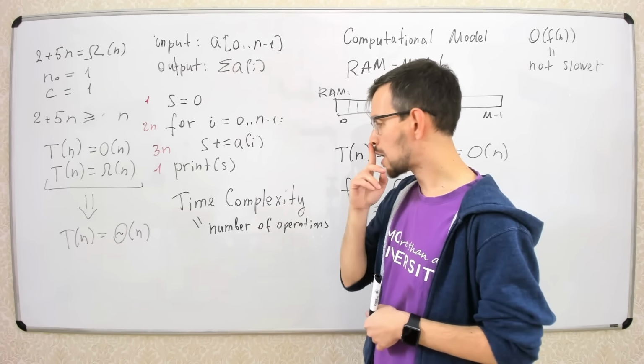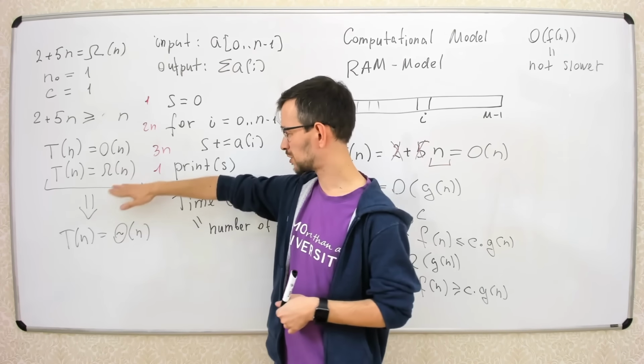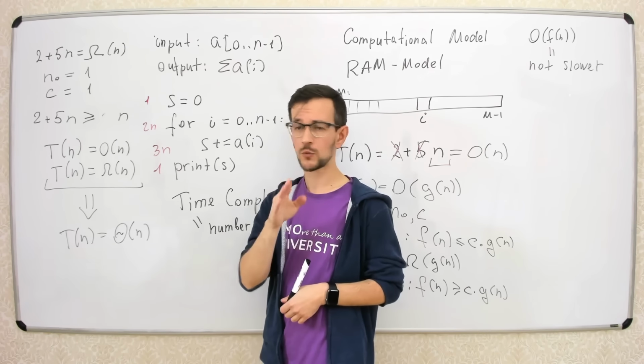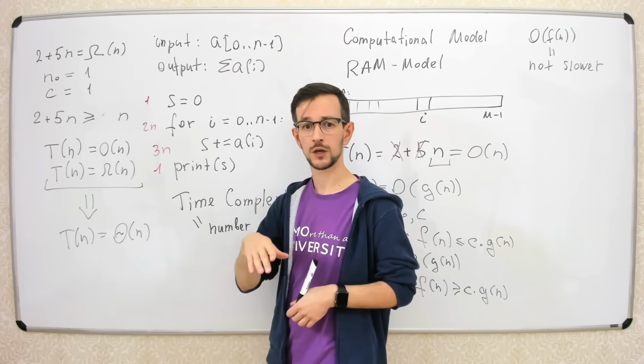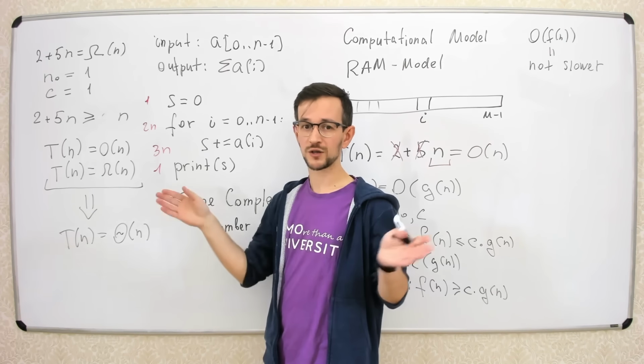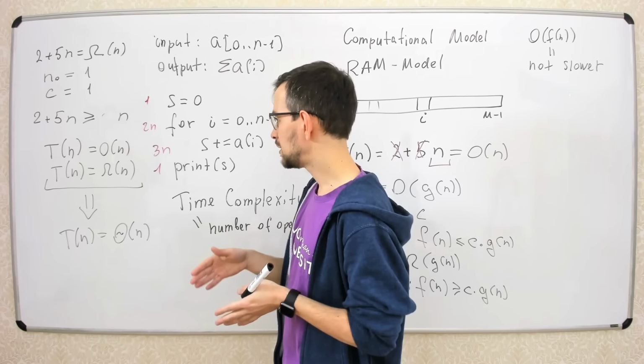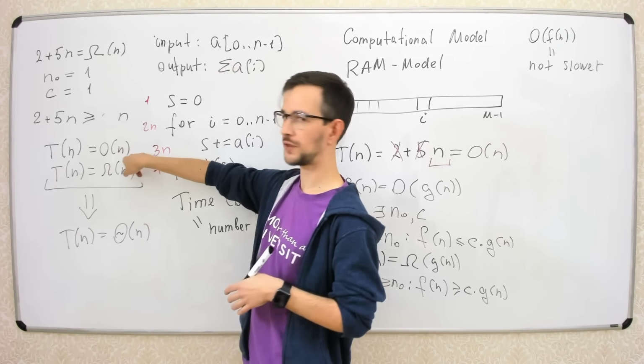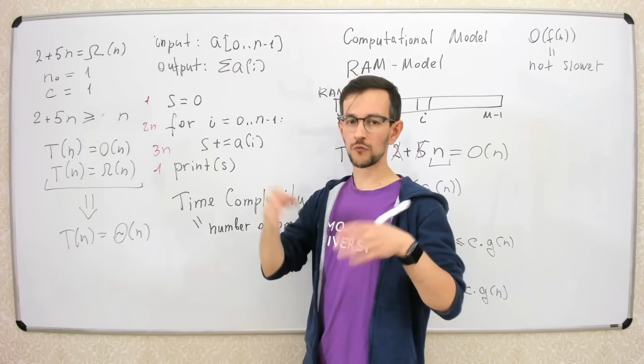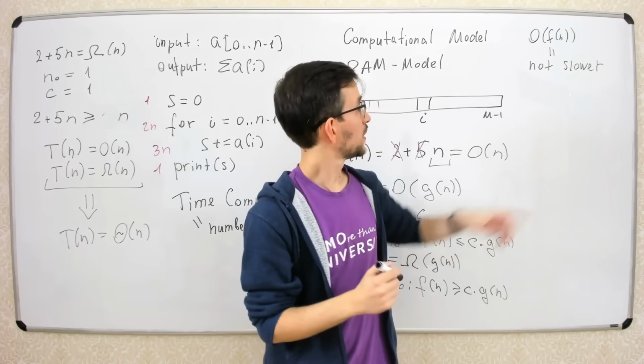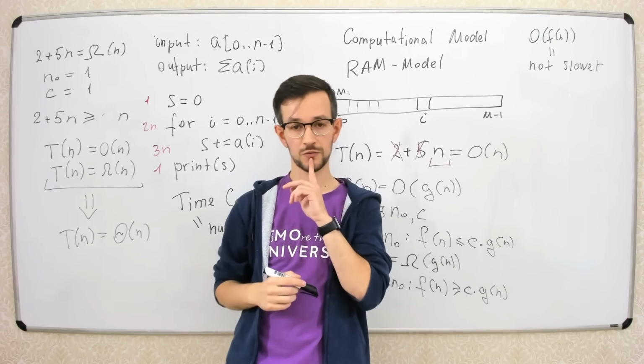But in this course, I will almost never use lower bound. I will prove only the upper bound of the complexity, just to make the course more simple, because it is more important to prove the upper bound. When you prove the upper bound, you show that your algorithm is fast enough.